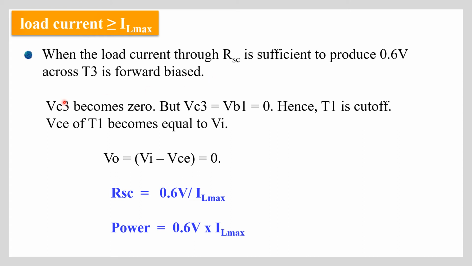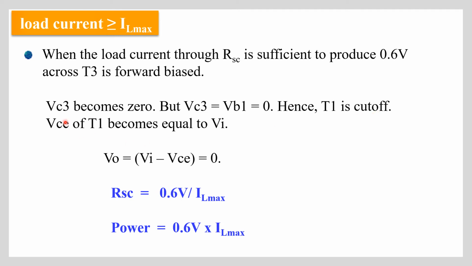The VC3 becomes 0, but VC3 is equal to VB1, that is equal to 0. So the collector voltage of the transistor T3 is provided to the base B1, that will be equal to 0, and hence transistor T1 will be cut off.